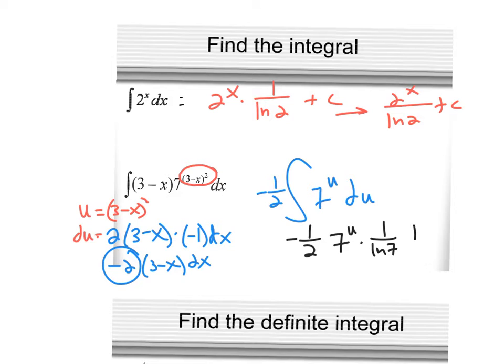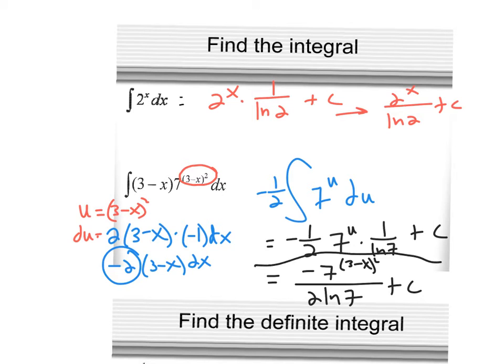And then we have our plus c. And then all you have to do is clean up a little bit. You can do it at the same time, though, and then plug in what u is. So now I would actually make it negative 7 to the 3 minus x squared over 2 ln 7 plus c. So it looks not super clean, but it's compact, which is helpful.